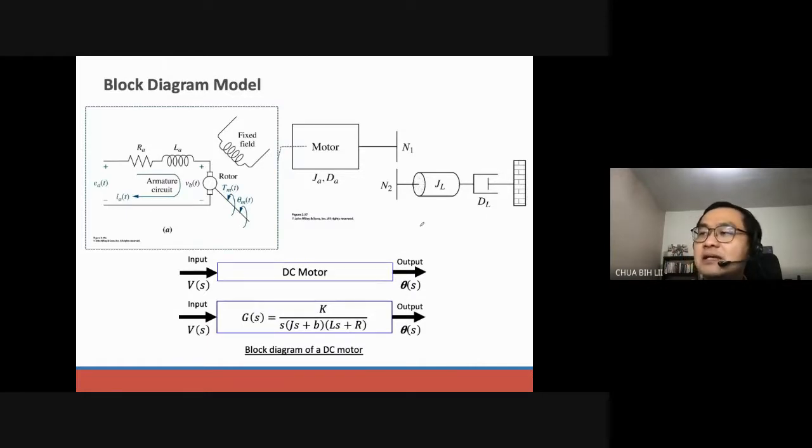So you can see that here is the electrical side, and here is the mechanical side that you are going to model. From there we can separate them or combine them together into multiple block diagrams later on, which we will cover soon after this.